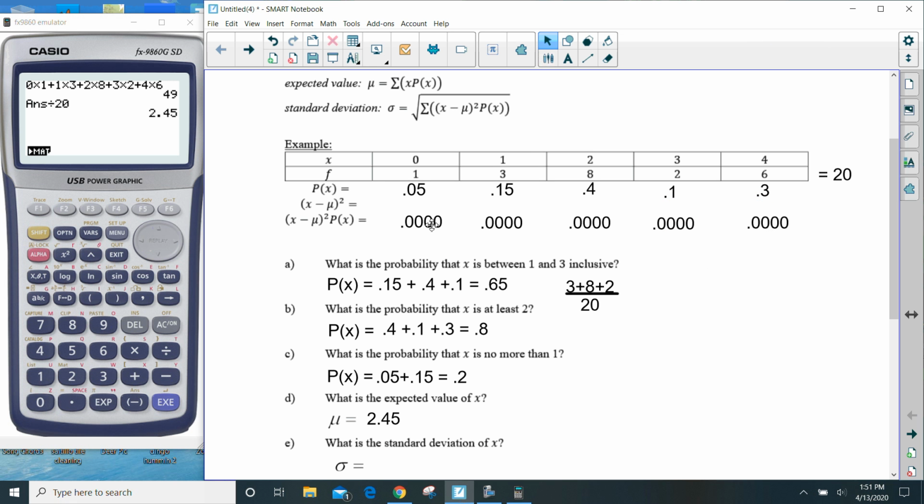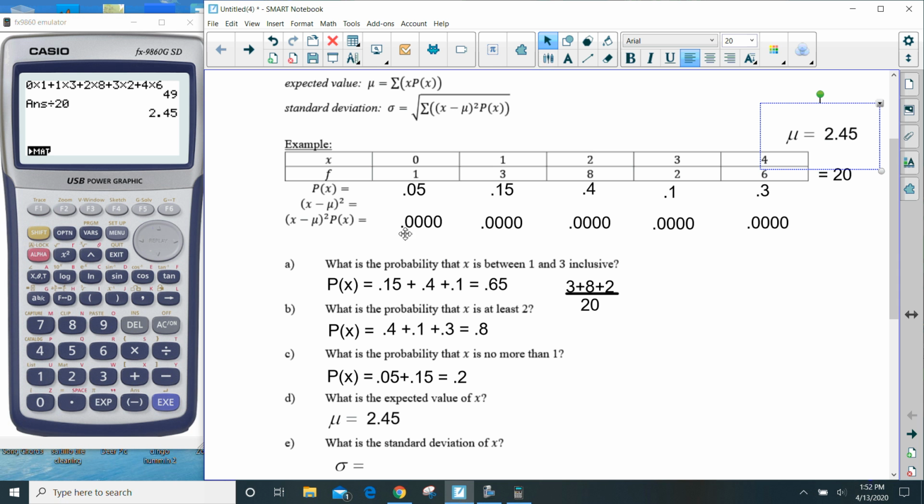All right, here we go. So let's skip this middle step. Let's go (x minus mu) squared times P(X). So we know that mu is 2.45. Let me write this up here so we don't forget what mu is. Okay, mu is 2.45.